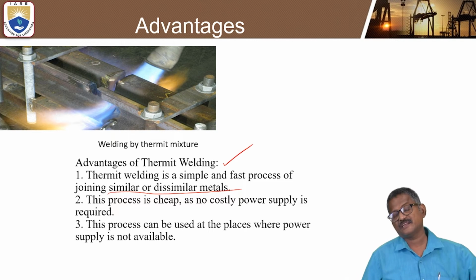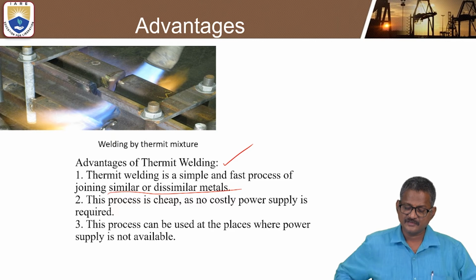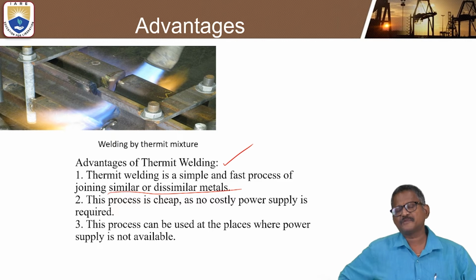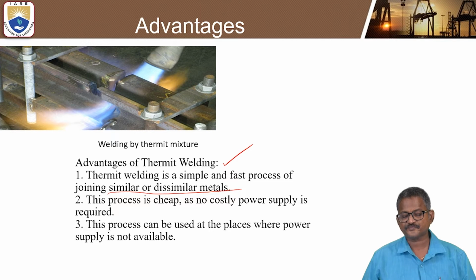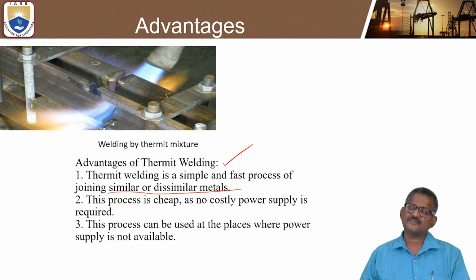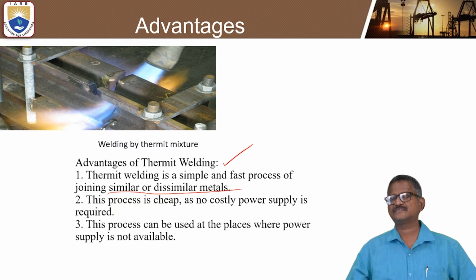Once we have the thermite welding process, the molten metal is prepared at the site, and in parallel this process can be done cheaply. Only a very low power load is utilized in this process.